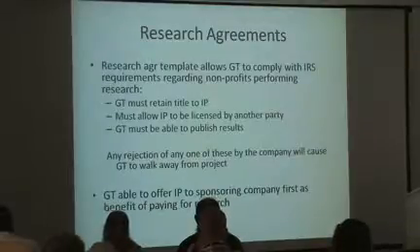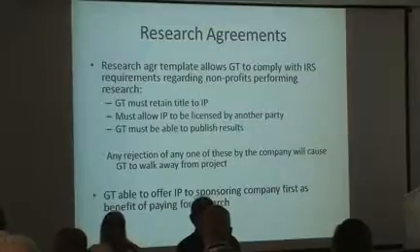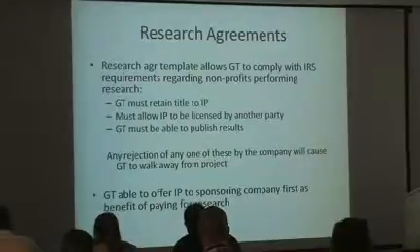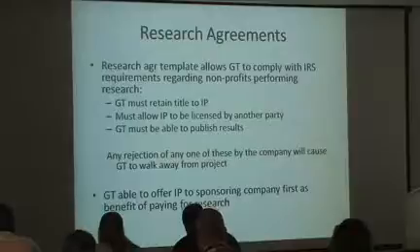Those are key, and those are obviously the main areas that we have discussions with companies on, and the biggest areas of contention. And if the company objects to any one of those, we'll walk away.